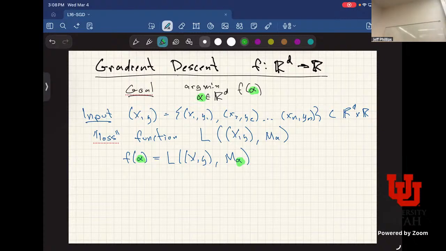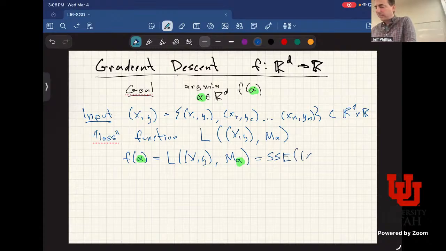These are the model parameters. The data is given to us, it's the input. This is not something we're optimizing over. It's given to us, it's fixed. And in particular, we are going to be focusing on the sum of the squared errors.